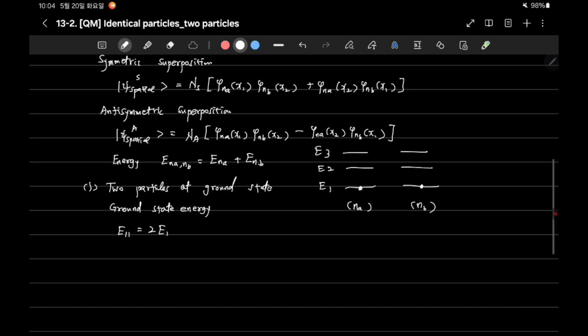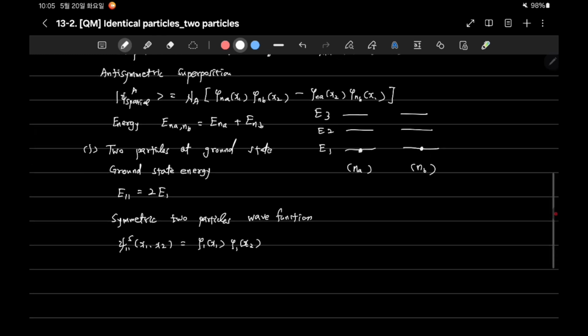We consider the symmetric two-particle wave function at the ground state. The psi_1 state, symmetric in x1 and x2, is the product of the wave function of x1 at energy level 1 and the wave function of x2 also at energy level 1.